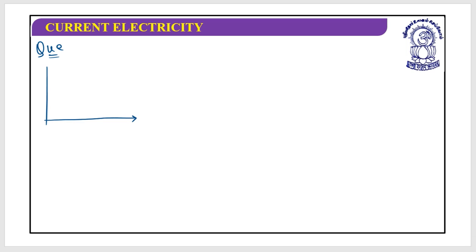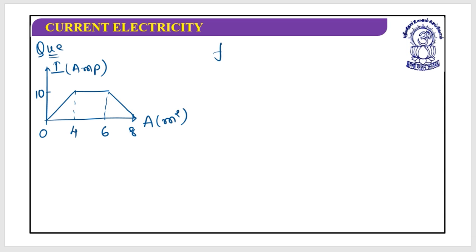Let's say a graph is given. This is a graph of I versus A. It is something like this. This is 0, this is 4, this is 6, this is 8, this is 10, this is in ampere, this is in meter square.